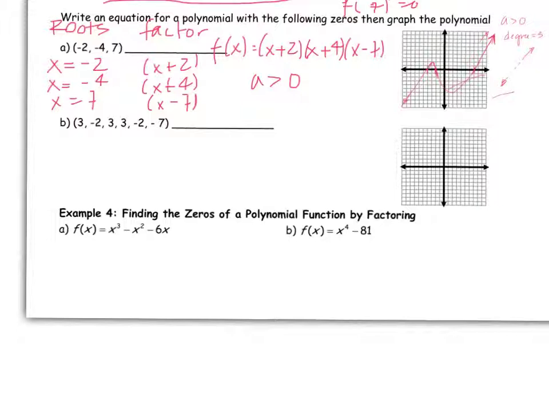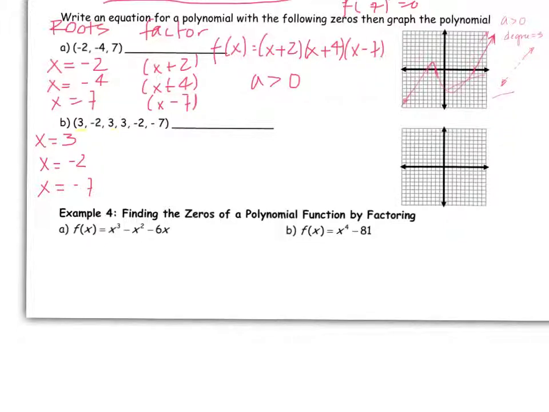Let's do the same thing with choice B, or example B. They give us roots, and I'm going to write them in this form. What's different is that 3 repeats itself 3 times.